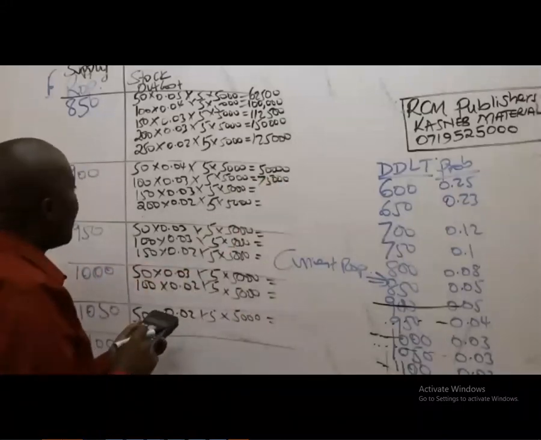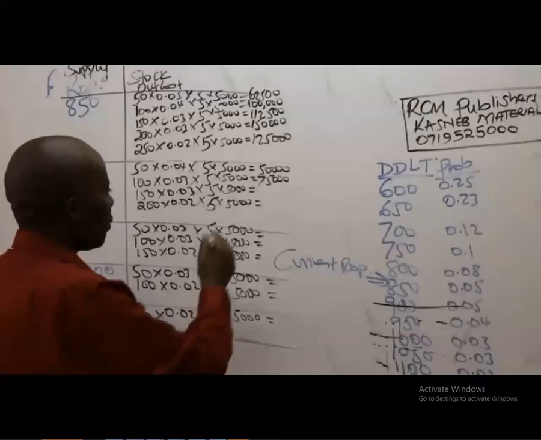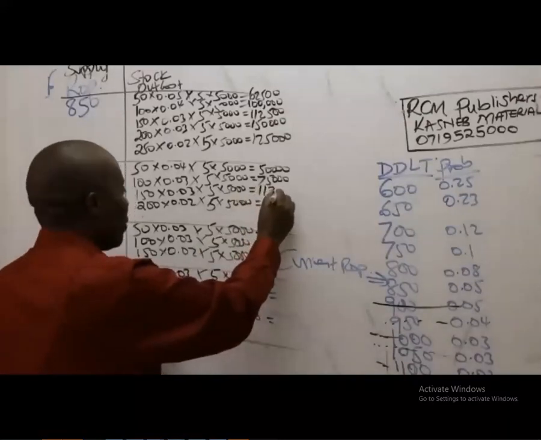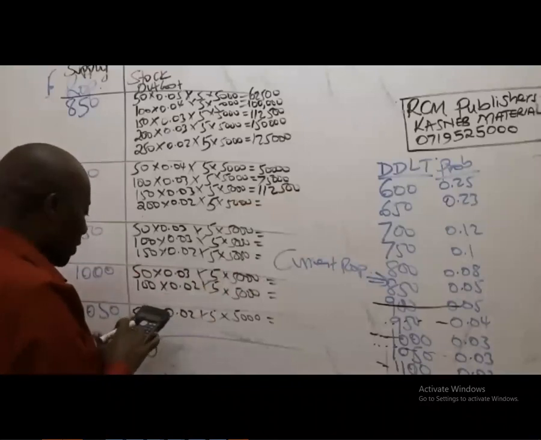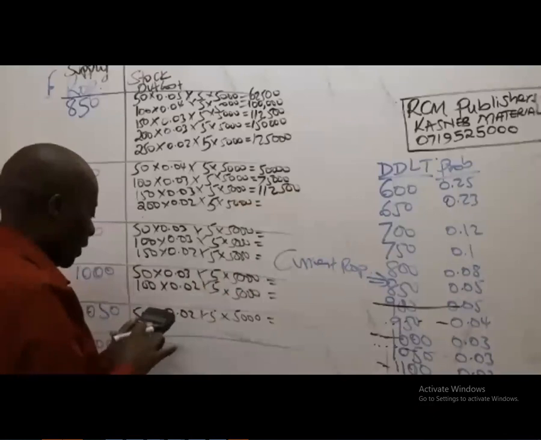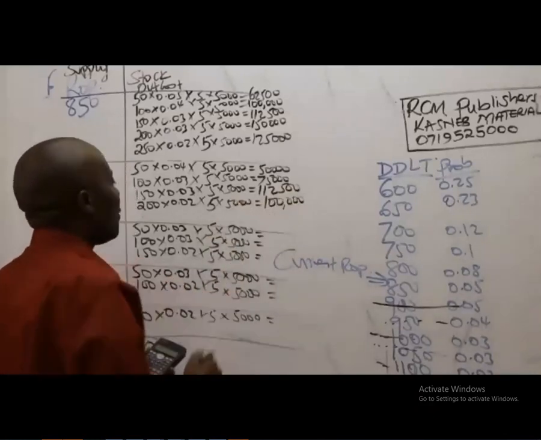This will be 150 times 0.03 times 5 times 5,000. That will end up giving us 112,500. Then lastly, we have 200 times 0.02 times 5 times 5,000, which will end up giving us 100,000.